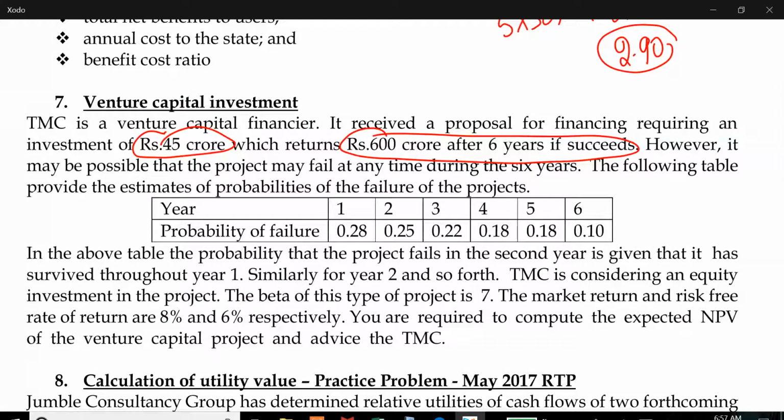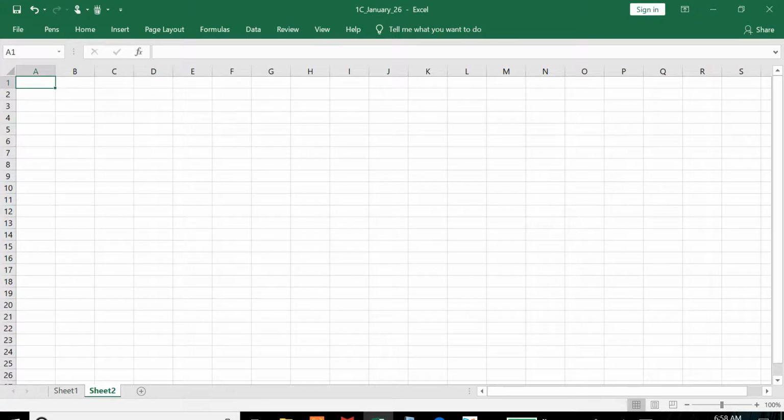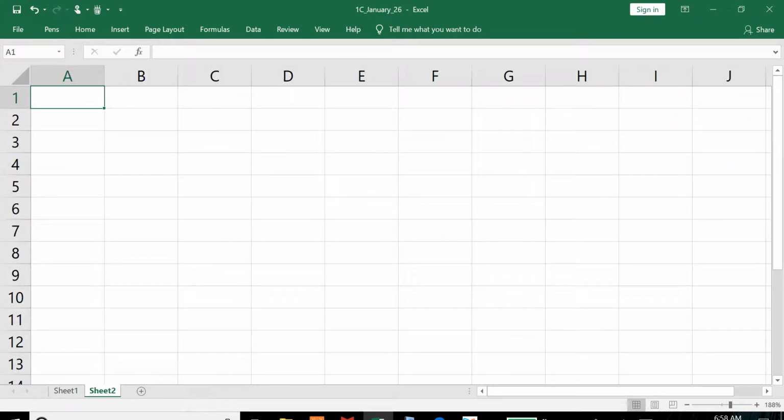Now what we are going to do is calculate the NPV next. Computation of NPV.